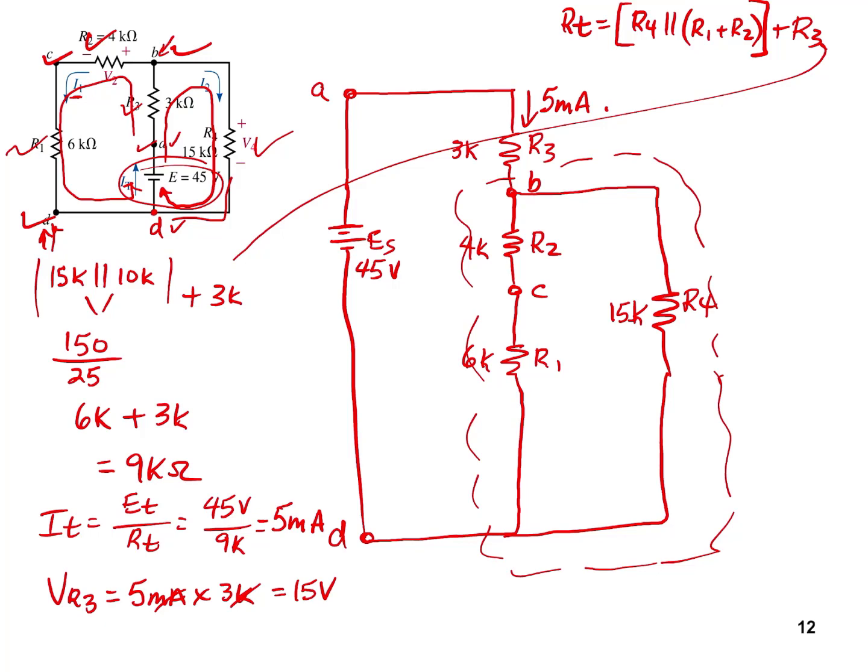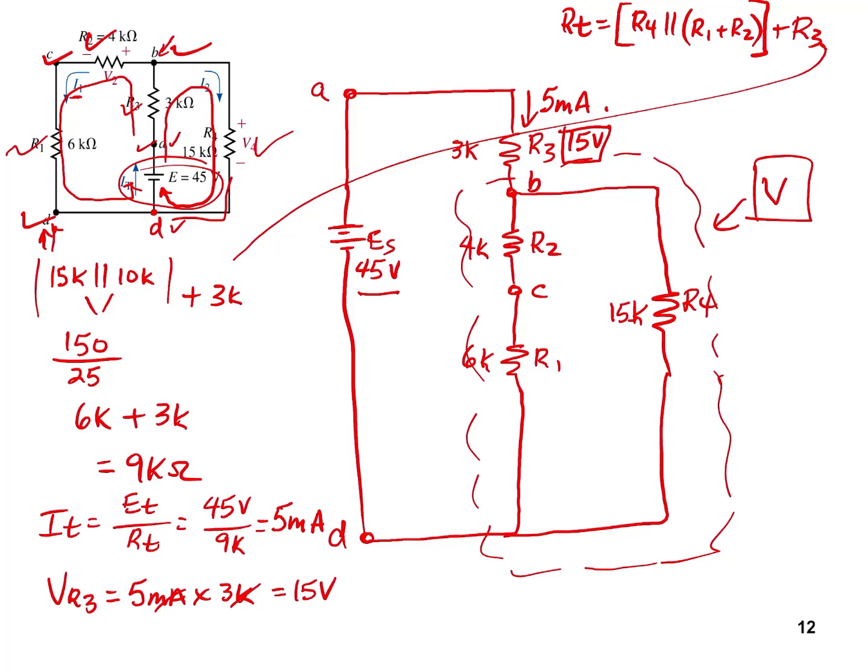Put that in your diagram as your voltage value, and know that based on voltage division for this series connection, the value of 15 volts subtracted from 45 is going to tell you the voltage across this network, right?